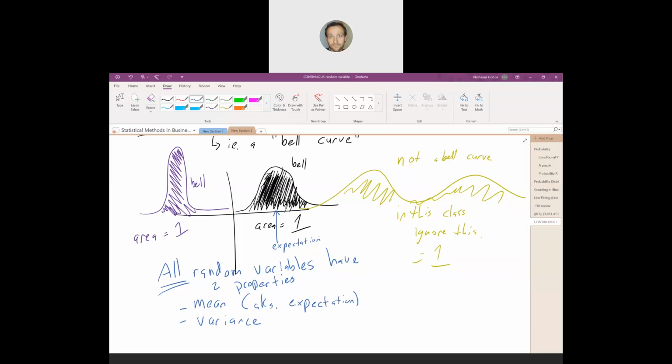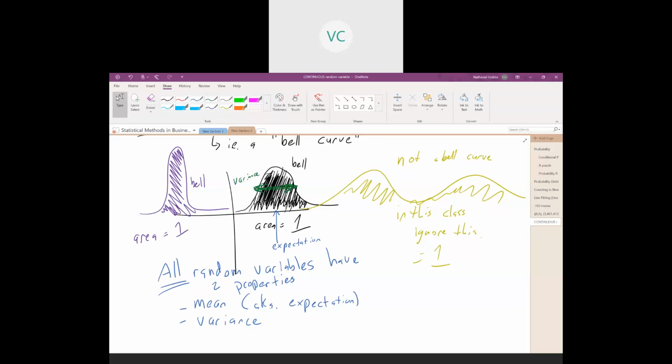Which one would have the high variance? The bell curve, or the black one. The black one. Okay, great. Yes, you're correct. Why the black one? Because it's more spread out, and the purple one is more concentrated to the mean. Perfect. Thank you so much.